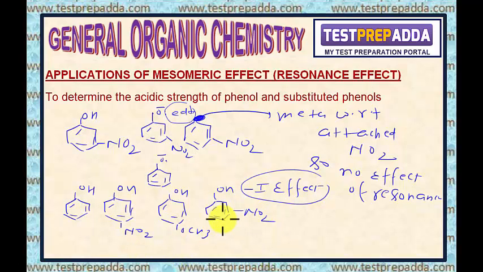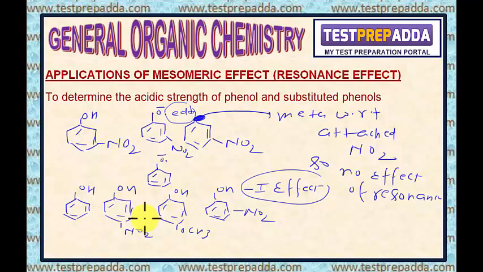Here in this second case, NO2 is a minus M group as well as a minus I group. So this phenol will be the most acidic phenol. And out of these, in this case, the electron releasing group OCH3 is a plus M group. So this will be the least acidic phenol.